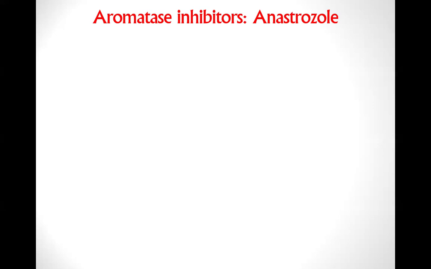Now these are two subsets of patients, premenopausal or postmenopausal. This class of drugs, as the name indicates, aromatase inhibitors, for example anastrozole. Aromatase is an enzyme, a member of the cytochrome P450 family, mainly present in the adrenal cortex.